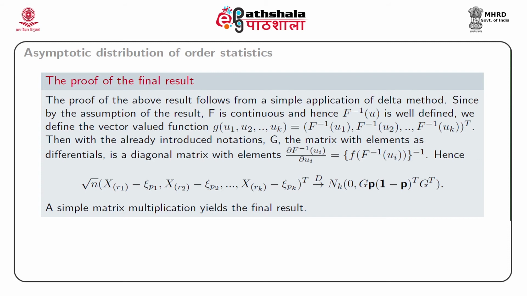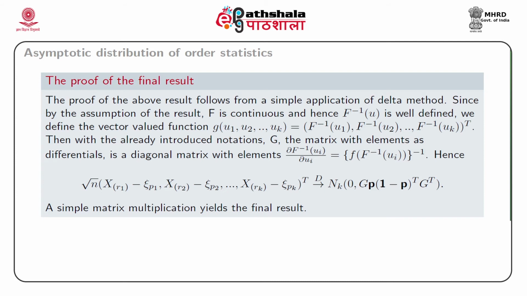So we define the vector valued function g with arguments u1, u2, uk, and this vector valued function has k components which are f inverse u1, f inverse u2 up to f inverse uk. Then with the already introduced notations, G, the matrix with elements as differentials, is a diagonal matrix with elements partial derivative of f inverse ui, that is f of f inverse ui to the power minus 1, that is 1 by small f of capital F inverse ui.